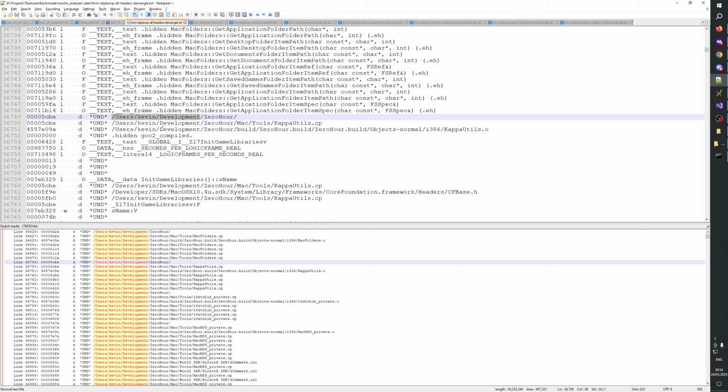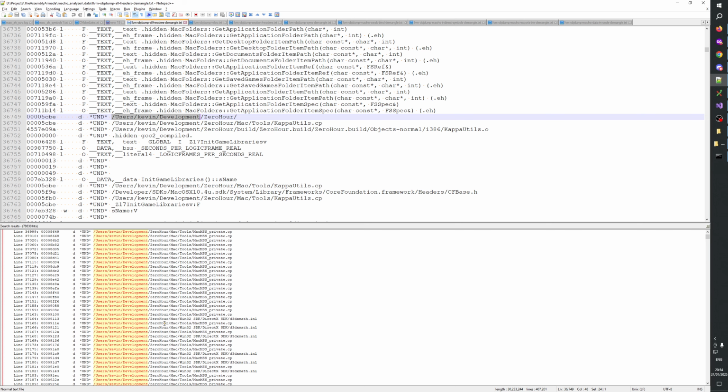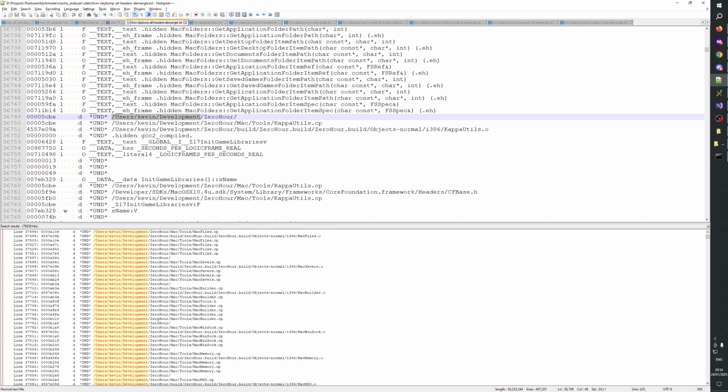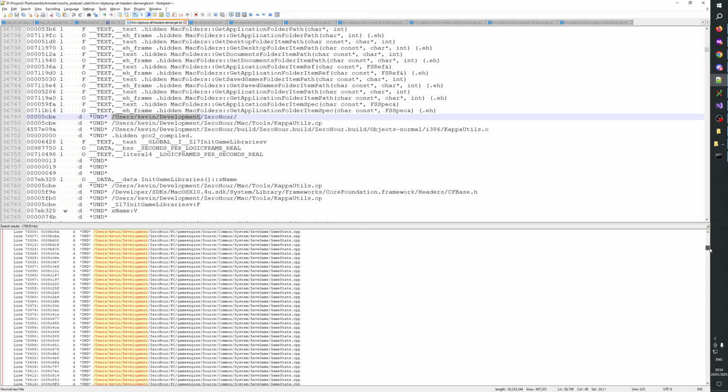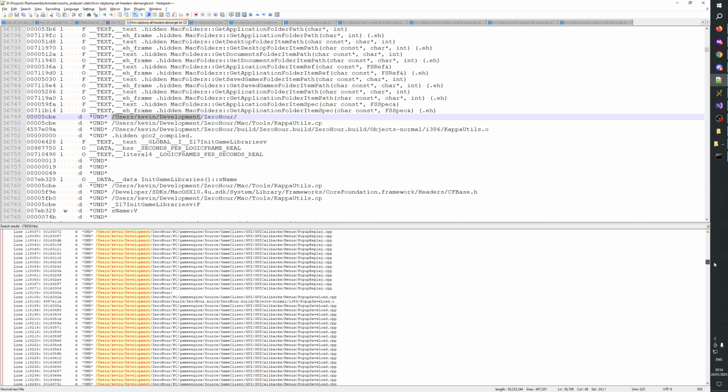Kappa utils, I don't know. It's interesting that there's an o file dot o.